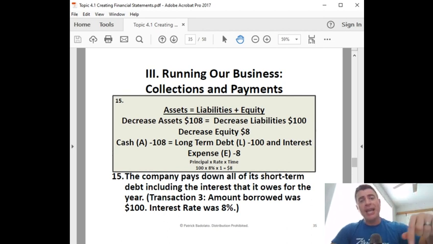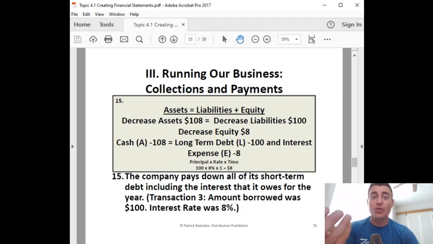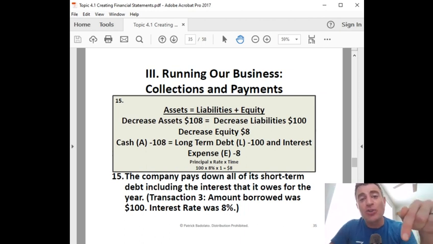So my cash goes down by $100 of principal plus $8 of interest. And $8 of interest, that's why I made my number symbol. It's $100 principal times rate, 8%, times time. It's just 1 year, or some would say 12 over 12 months, equals $8. So my cash goes down by the full amount of 108.